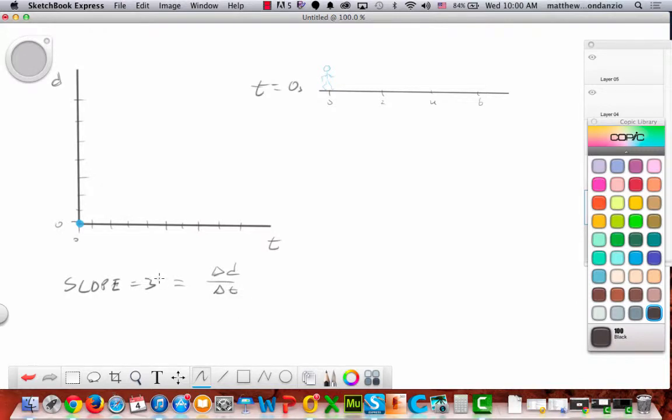And let's say it's 3 meters per second. That means that for every 1 second, he goes 3 meters. Okay? So at 1 second, where is he? 3. So here's 1 second. 1, 2, 3 meters. There he is.